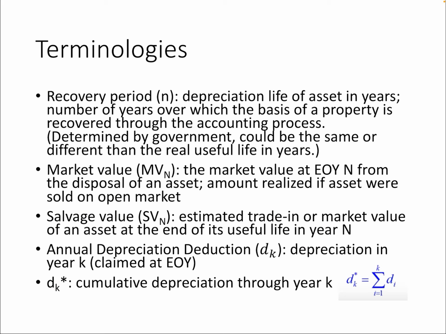And the market value, we have learned this before. Market value is the market value at the end of year from the disposal of an asset. Okay, the amount realized if the asset were sold on the open market. And again, there is another value called salvage value. It's just an estimated trade-in or market value. It's estimated, okay?